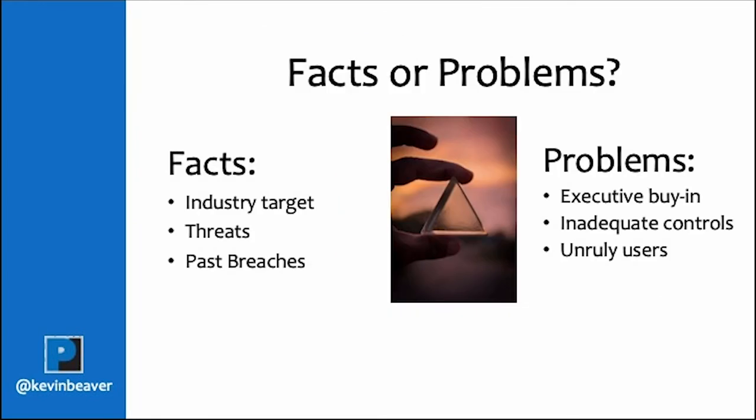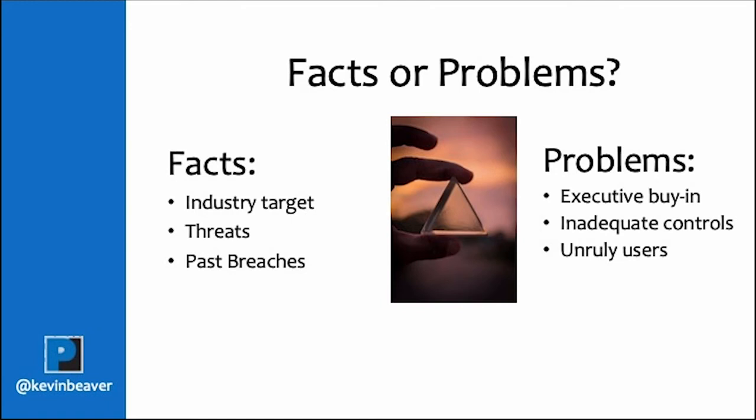The first step is to understand the difference between facts and problems. There's a universal law that says you cannot change facts, but you can change problems. And applying this to running a security program, you cannot change facts such as the industry in which your business operates, the fact that it's a target for criminal hackers, or even incidents and breaches that have already occurred.